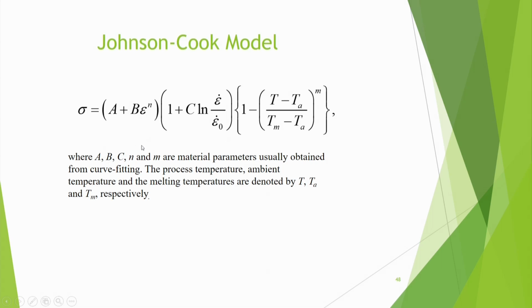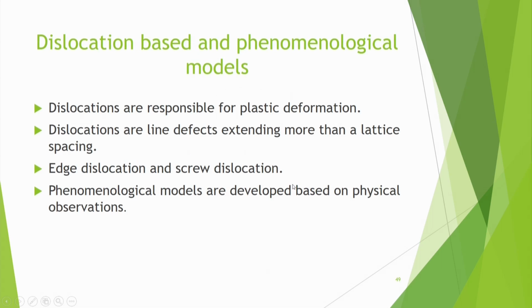These A, B, C, n and m are the material parameters. They have to be obtained by curve fitting. You have to do a lot of experiments and see which values give good results. You can do it in a systematic way, or by hit and trial, but this has to be obtained by fitting. The process temperature, ambient temperature and melting temperature are denoted by T, Ta and Tm respectively.